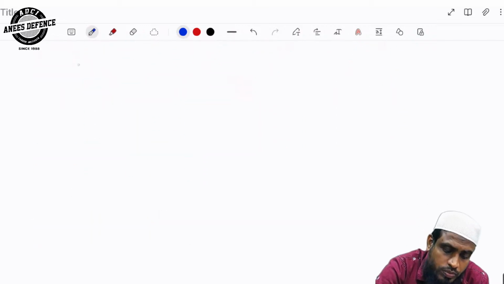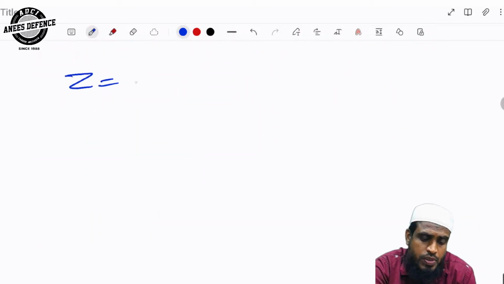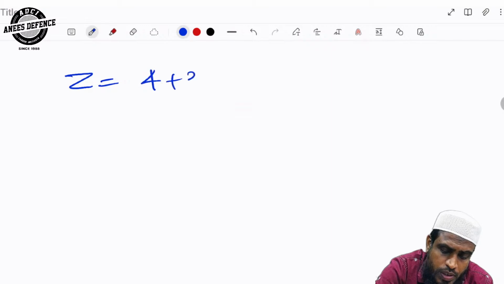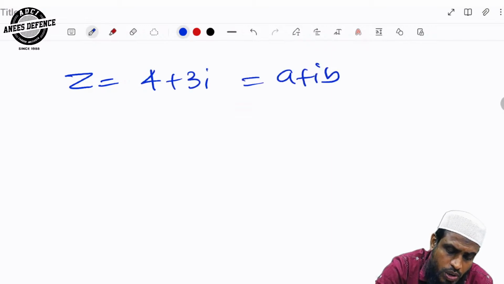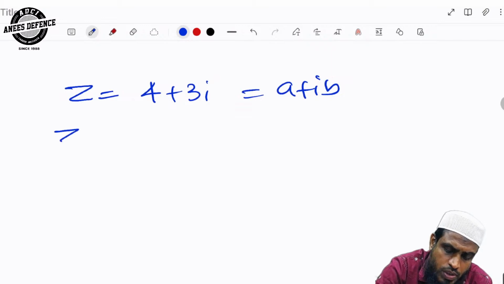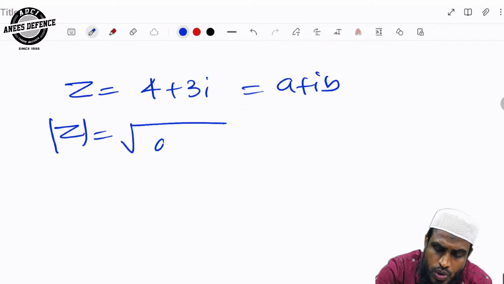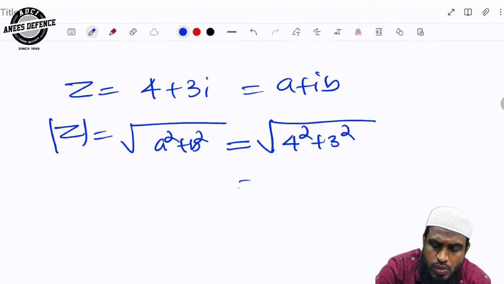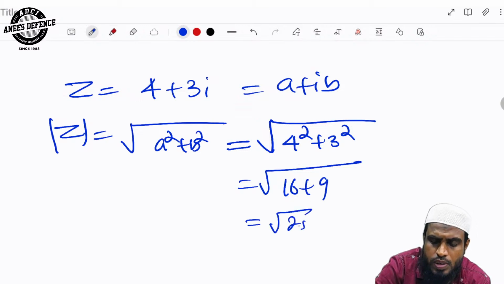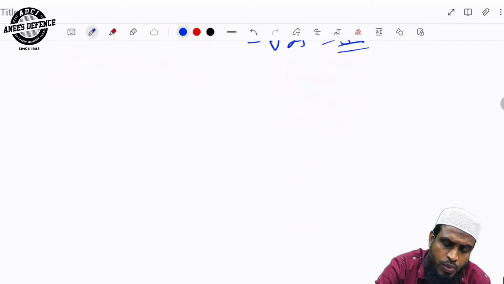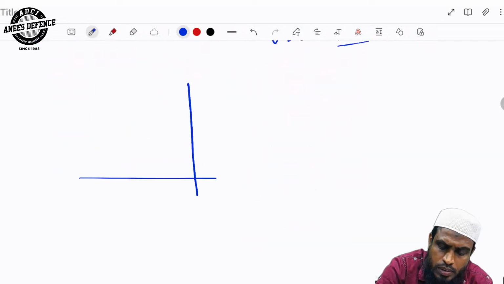Another example. z is equal to 4 plus 3i, equal to a plus ib. So the modulus of z can be represented as root of a square plus b square, which is equal to root of 4 square plus 3 square, that is 16 plus 9, which is equal to 25, that is equal to 5. So 4 and 3 will be like this.